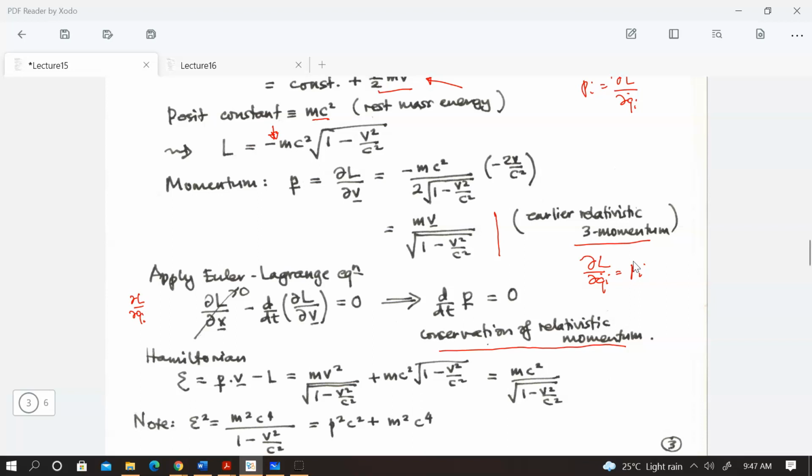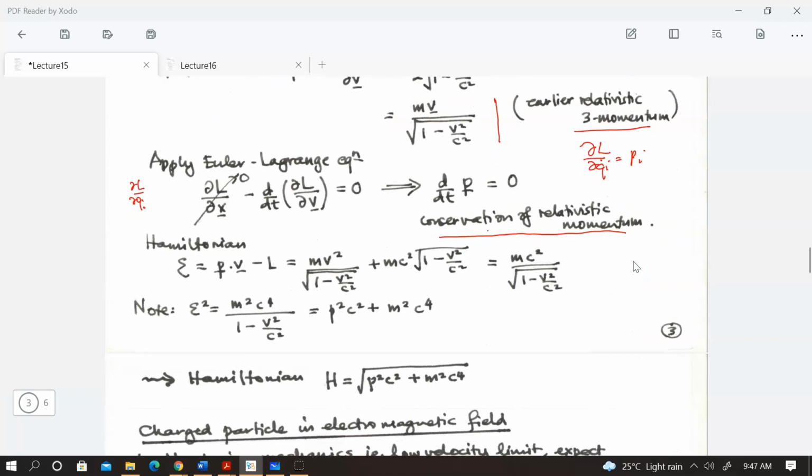Now you can also see what's happening over here. If I do remember the Legendre transform going from the Lagrangian to the Hamiltonian, okay, I'm just doing this in this form over here because I know this is going to be your relativistic energy. So what's p_i q_i dot? That's p dot v, and then your L will be just L. So what's p dot v?